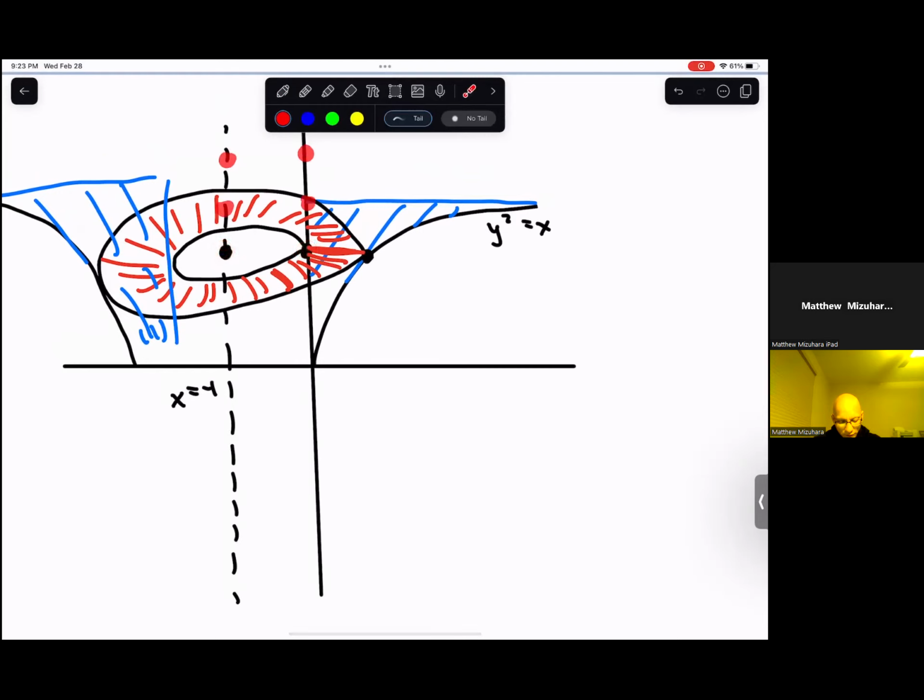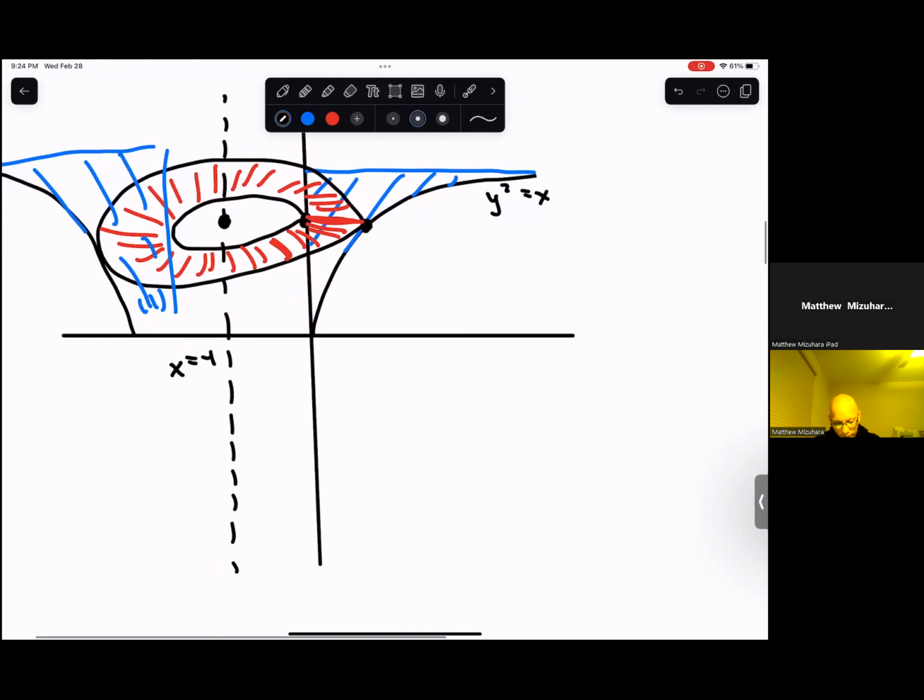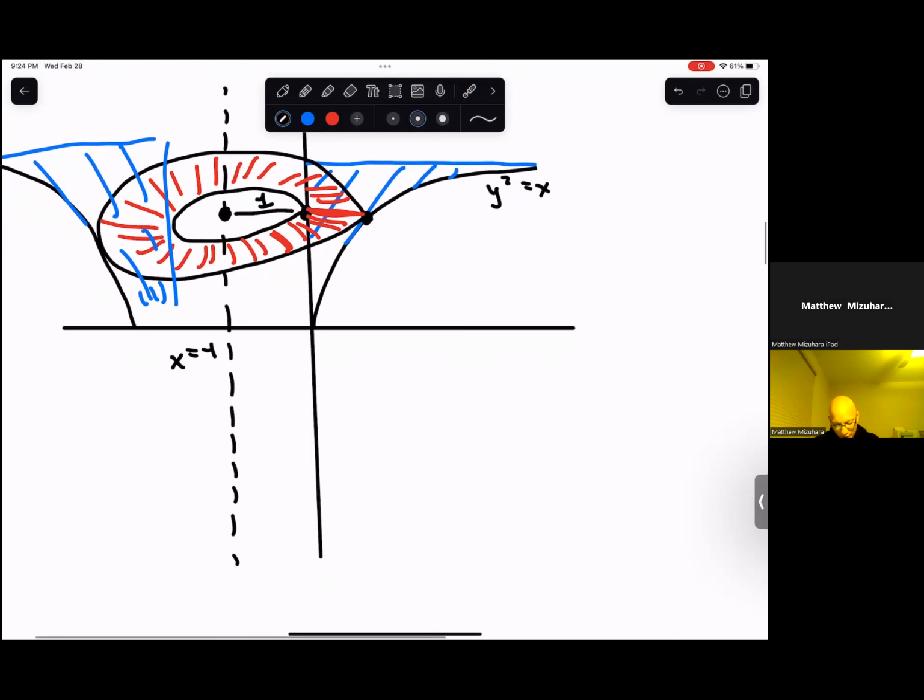If I think about all the different ways I can go from this dash line to this axis line, that distance is always exactly 1, no matter where I am. So this inner radius is always going to be 1. All right, let me go ahead and just keep track of that. So my radius of my inner circle is always 1.